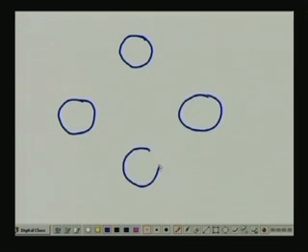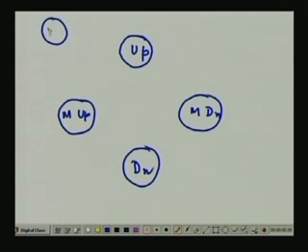Maybe this is up, this is down, this is moving up, and this is moving down, and somewhere here you have idle. So how does the system change states?